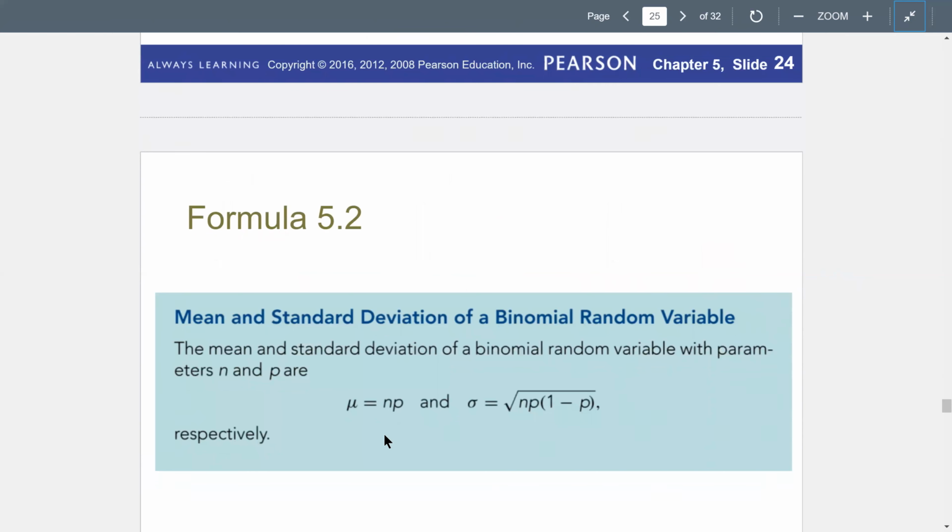And this is the formula for calculating the mean, which is n times p, and sigma equals the square root of n times p times q.